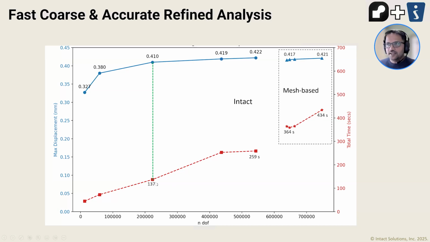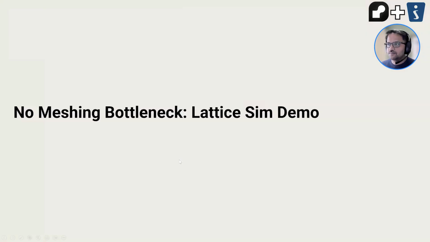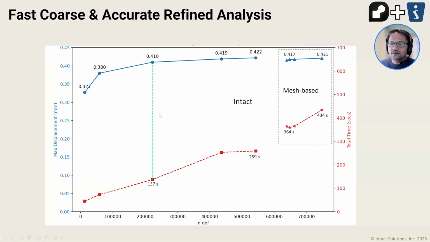But let's say you are in the early design stages, trying to iterate quickly over different design options. We can reduce the resolution to around 200,000 and start iterating at around 100 seconds while being pretty close to the converged result. That's one of the flexibilities that Intact provides, especially in computational design.